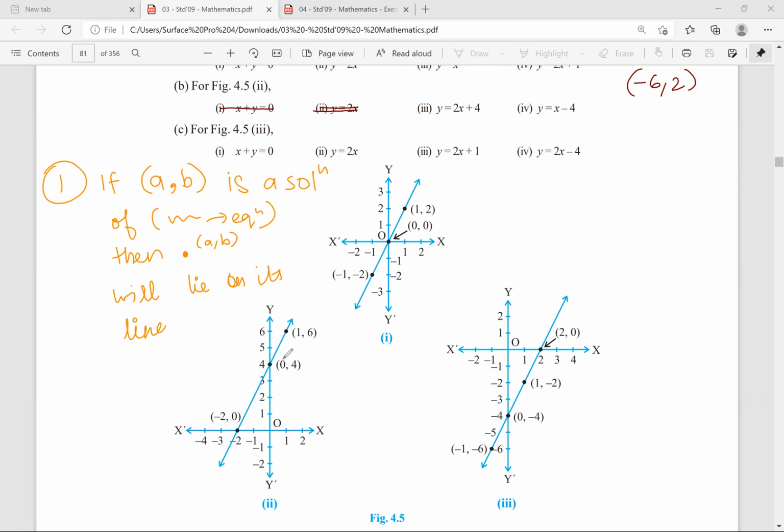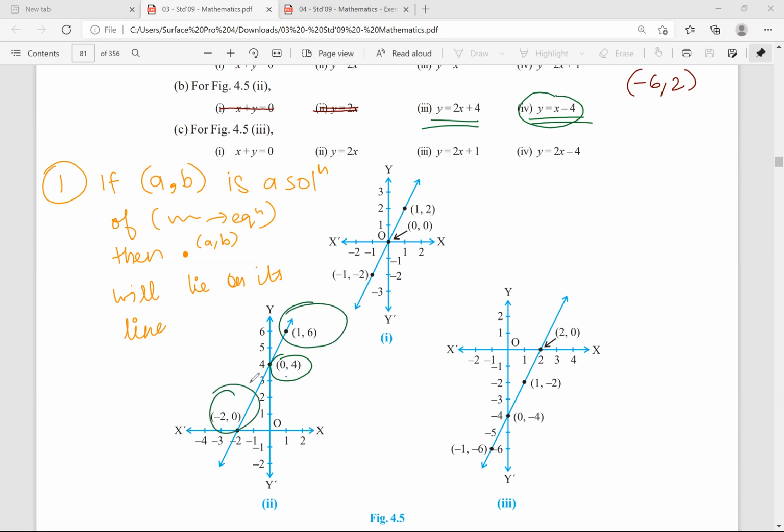Well, okay, let me take 0, 4. Let me see whether 0, 4 satisfies this equation and this equation. Why? Because if 0, 4 satisfies this equation, you can take this one also, you can take this one also, your wish.